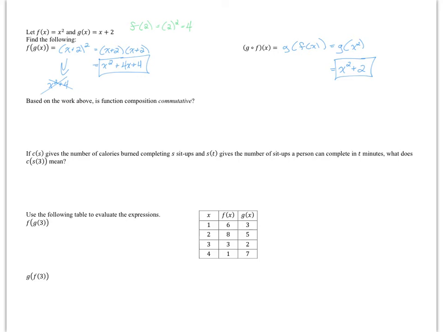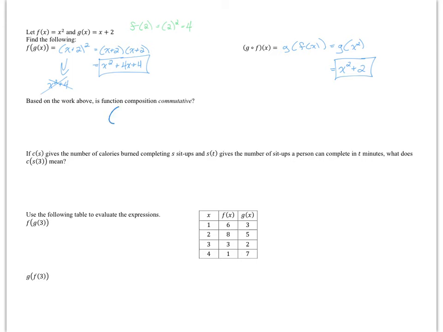So after looking at those two, we can see f of g of x gives us x squared plus 4x plus 4. G of f of x, this way, is x squared plus 2. So is composition commutative?